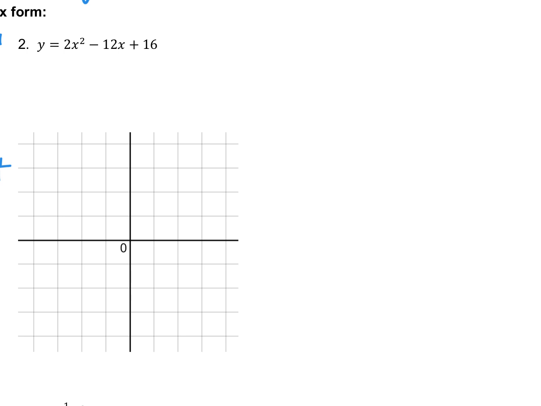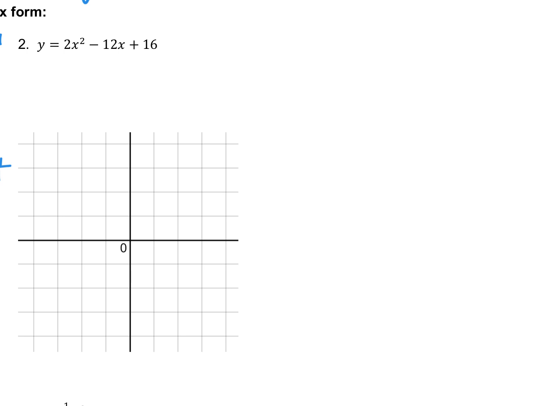Here, we can't necessarily divide by 2 because that 2 is important. That 2 is my a value, right? So that's what tells me if I get wider or more narrow. So I can't just divide and get rid of it. I'm doing the same thing, I just have to keep it in the picture. I can't just get rid of it like I did with completing the square originally.